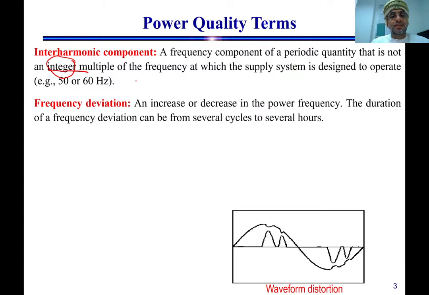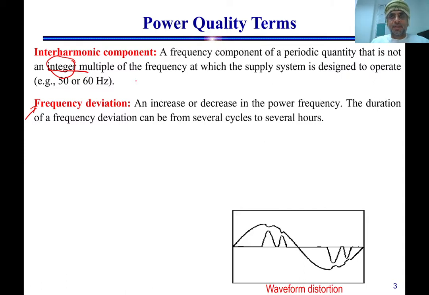Frequency deviation is an increase or decrease in the power frequency. The duration can be from several cycles to several hours. Again, we have standards: there is the Oman standard and also the IEC standard related to the frequency during normal operation or abnormal conditions.